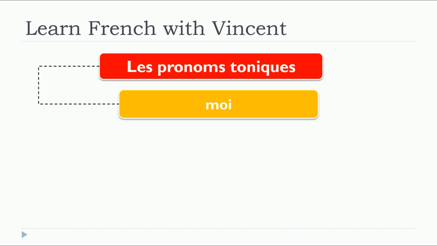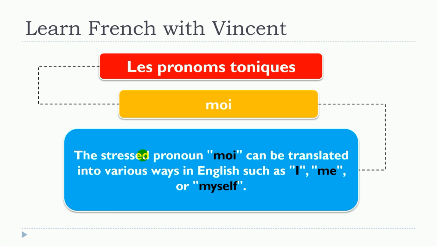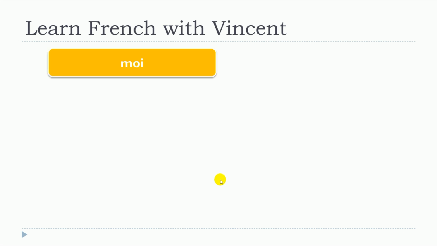So this lesson is about moi. And the stressed pronoun moi can be translated into various ways in English, such as I, me, or myself. So we will see some examples with moi.